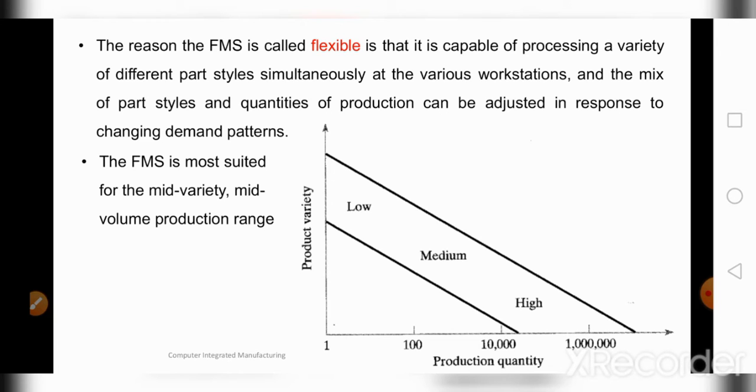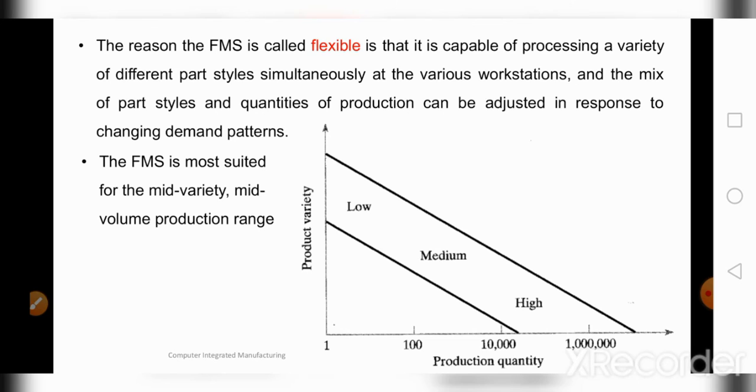The reason FMS is called flexible is that it is capable of processing a variety of different part styles simultaneously at the various workstations, and the mix of part styles and quantities of production can be adjusted in response to changing demand patterns. We can work in parallel here; the products and the production system can easily adapt to changes in the market with respect to demand, I mean quantity, and with respect to design.